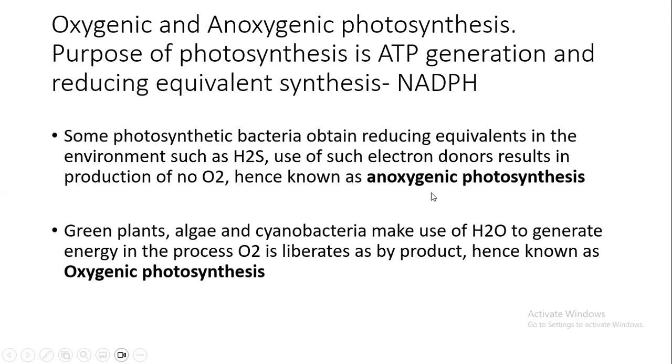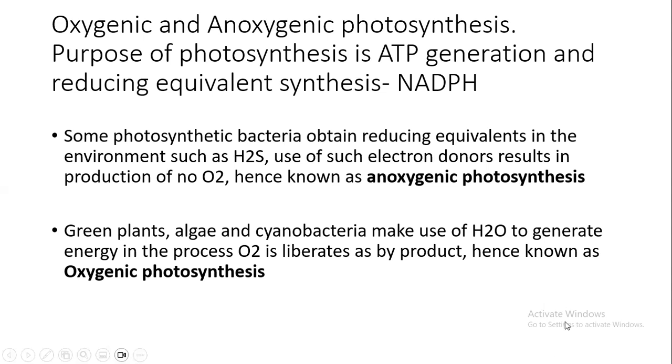Now, coming to the oxygenic and anoxygenic photosynthesis, some photosynthetic bacteria make use of other electron donors such as hydrogen sulfide in the environment. When hydrogen sulfide is reduced, the end product is sulfur. And since oxygen is not released during this process, the photosynthesis is known as anoxygenic photosynthesis, since oxygen is not generated in these organisms.